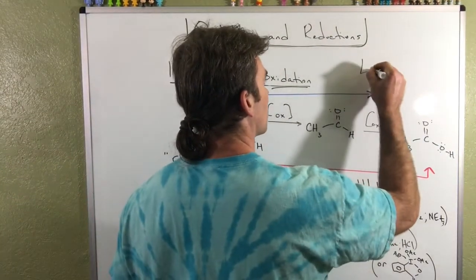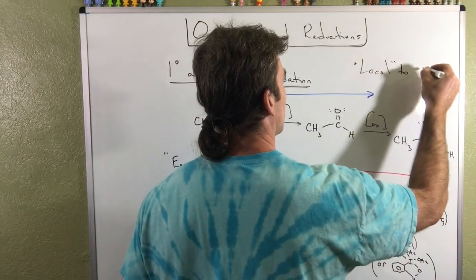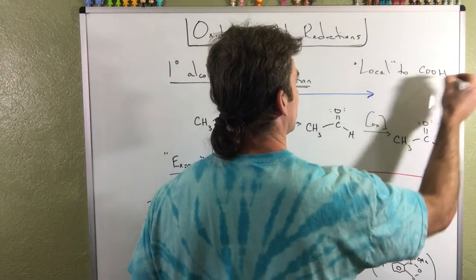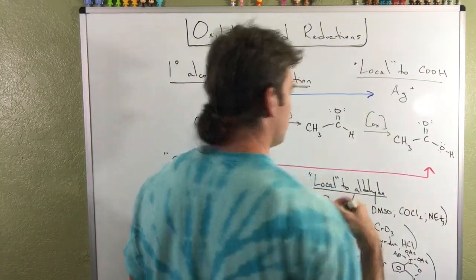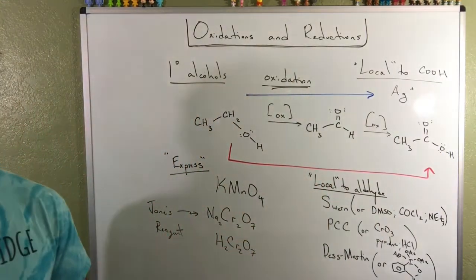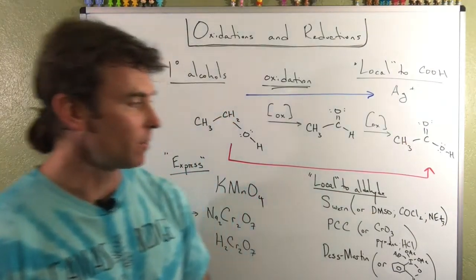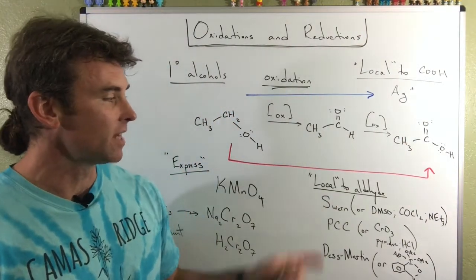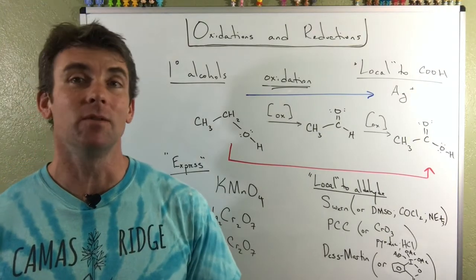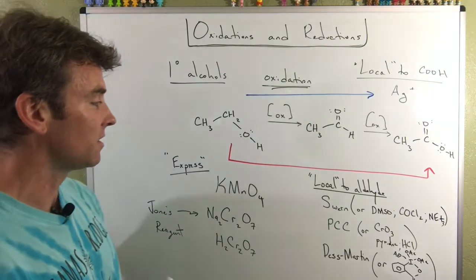So we'll call it local, aldehyde to carboxylic, and that involves silver plus. Any kind of salt of silver will do this aldehyde to carboxylic. So hopefully that'll help you to organize some of these. Any of these mechanisms that you'd like to look up in the book, your book does a pretty good job of highlighting at least some of them.